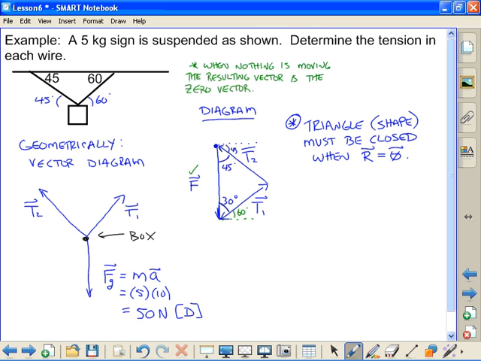And when you know 2 angles, you know all 3 angles. So the 45 and 30, that's 75. So that means that this angle here is 105 degrees. So that means that we can use sine law, and we know all our angles and one side.